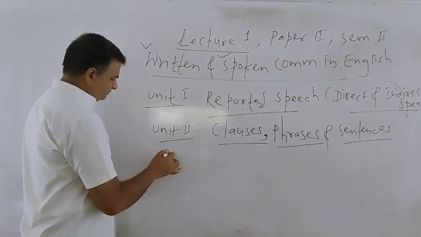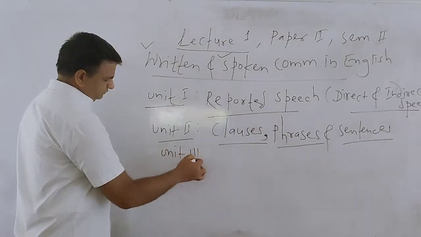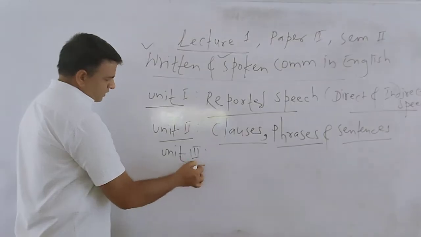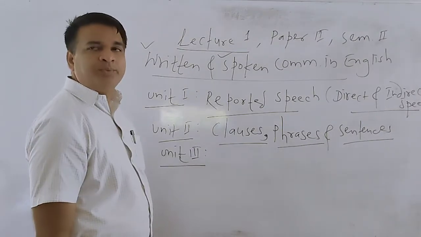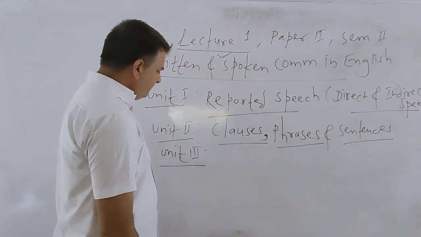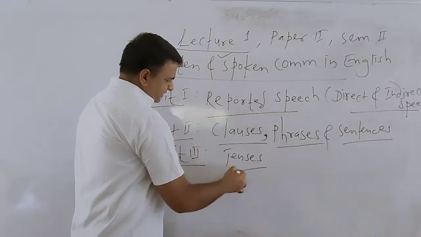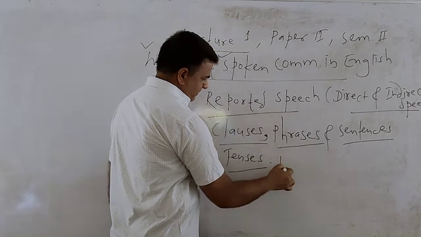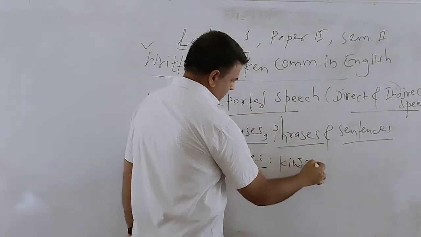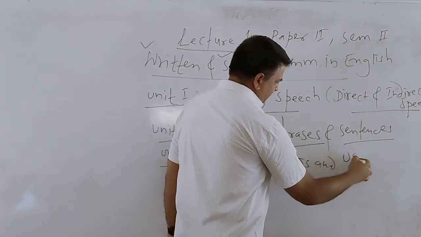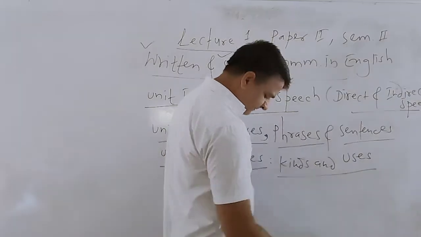Then we have unit third. Unit third is for tenses, kinds and uses.